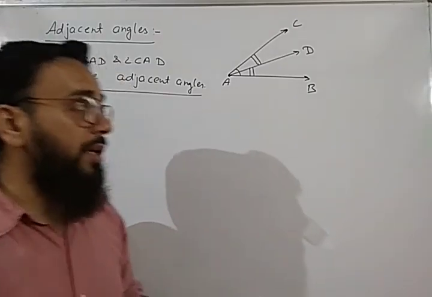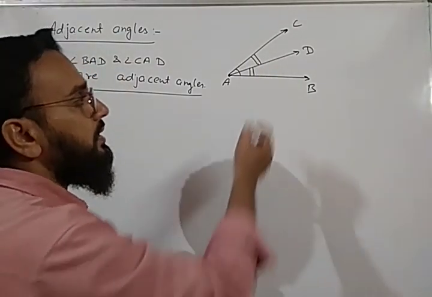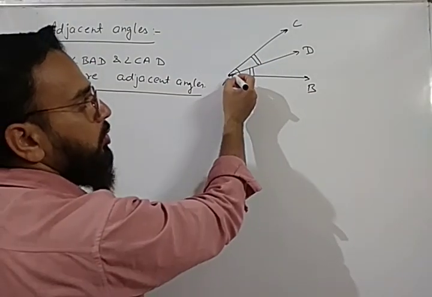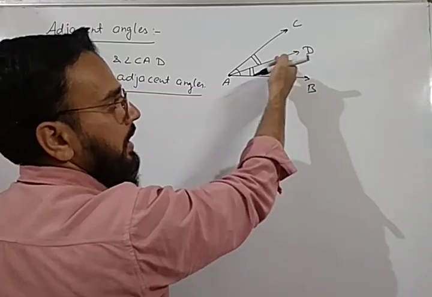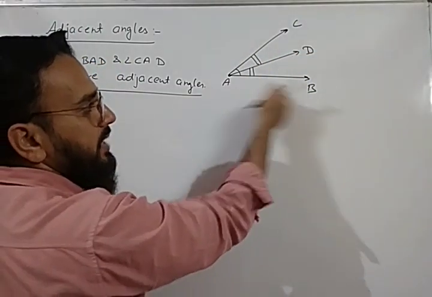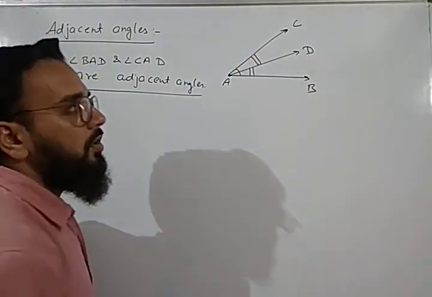Okay, the second property is that the other two rays will be on opposite sides of the common ray. One ray will be common, the common ray is AD, and the other two rays are on opposite sides of AD. For example, AB is on this side and AC is on the other side of AD.